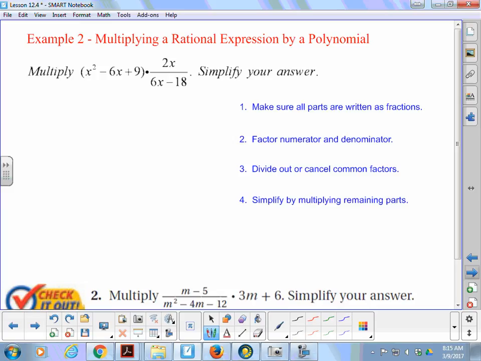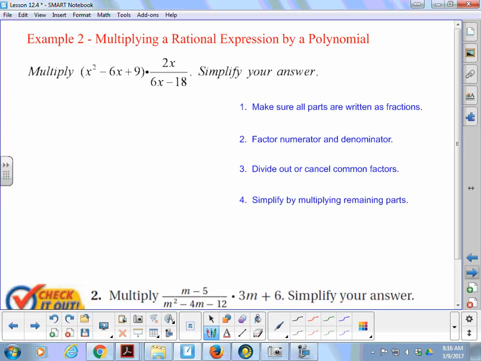Now I put a first note there for these. Make sure all parts are written as fractions. Right. Because I have x squared minus 6x plus 9, that's not written as a fraction, is it? Okay. What would have to happen for that to be written as a fraction? What do I need?